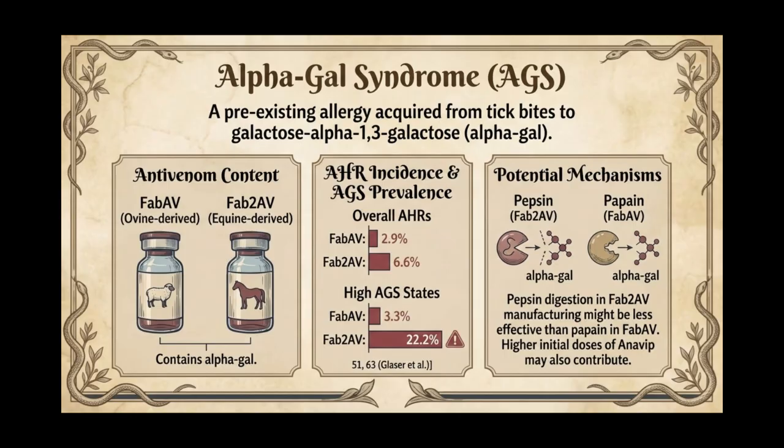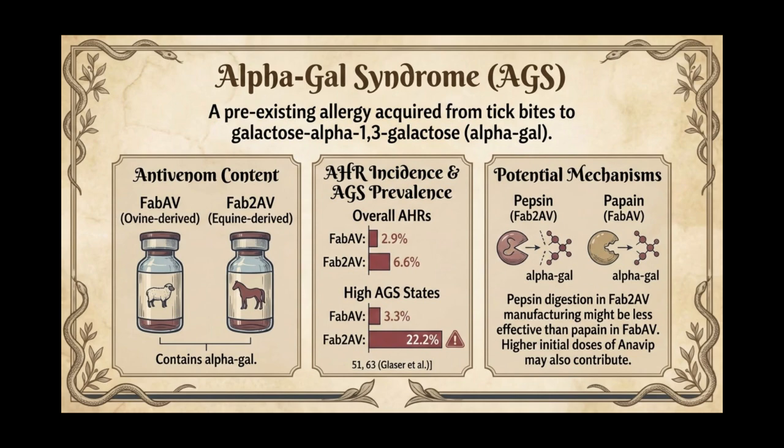A study from the Toxic North American Snakebite Registry found that allergic hypersensitivity reactions were more common with Fab2AV, occurring in 6.6% of cases compared to 2.9% with FabAV overall. The difference was especially notable in states where alpha-gal syndrome is more prevalent, with reaction rates of 22.2% for Fab2AV versus 3.3% for FabAV.